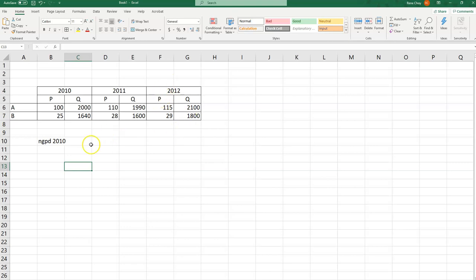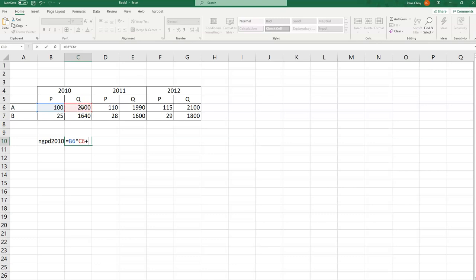All right, now to calculate nominal GDP for the year 2010, we follow the formula that we had on the previous slide. The formula basically said that we're going to be doing summation of prices in 2010, price times quantity, same year. So we're going to do equal this price times this quantity.